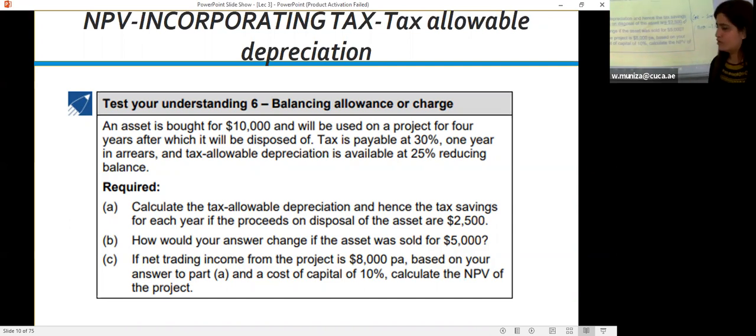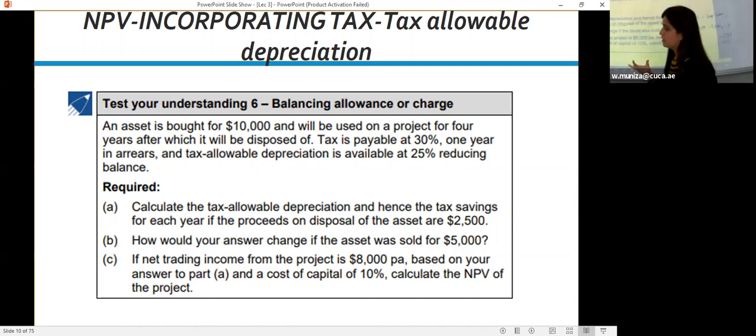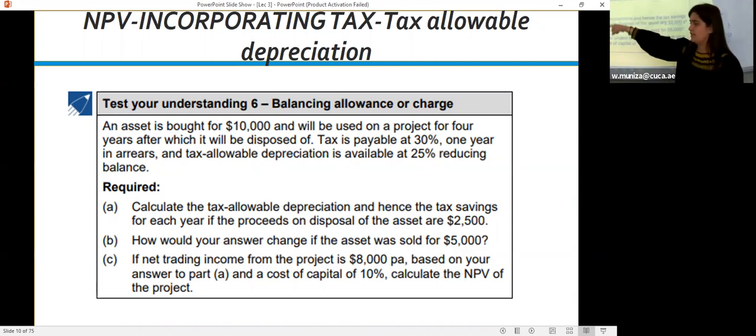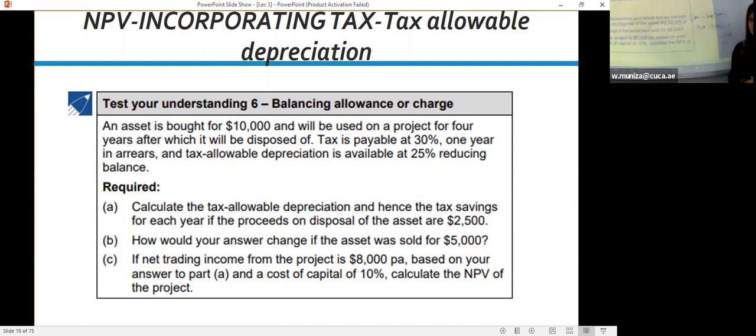Two steps you need to incorporate: take taxation of 30% on your cash flows of 8,000, and take the tax relief, that tax allowable depreciation which we calculated in part A. Incorporate that in your calculations and calculate NPV.